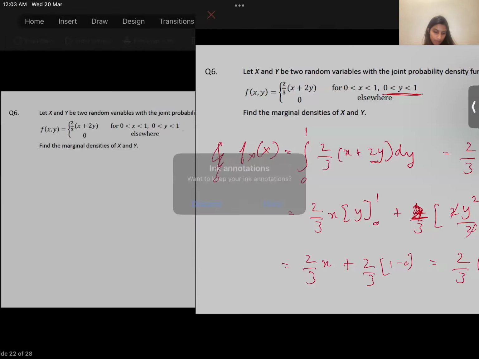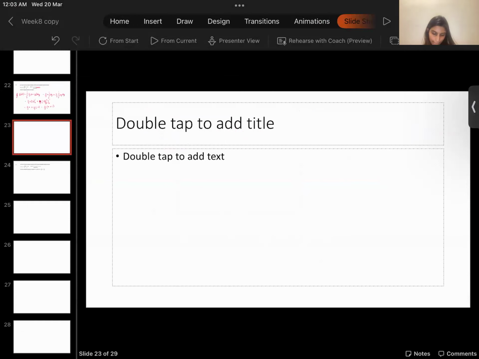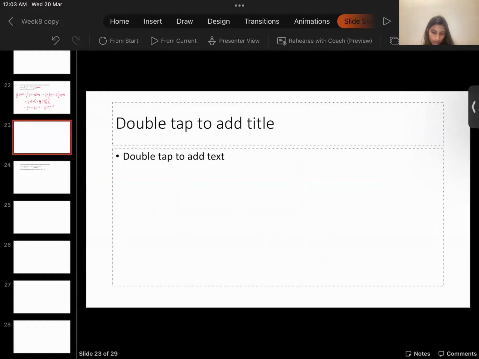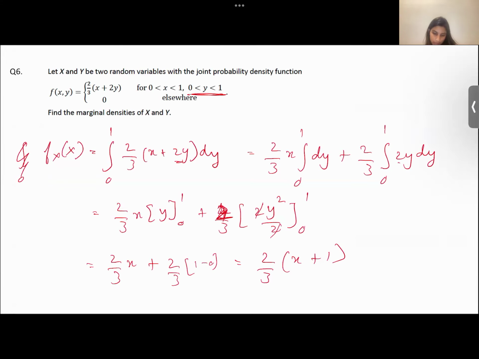Similarly, you can do the marginal density for y. Marginal density for y is the integral of 2 by 3 x plus 2y dx. What were the limits of x?